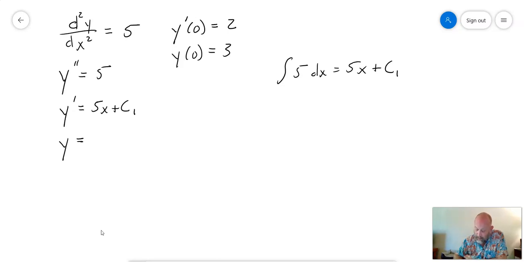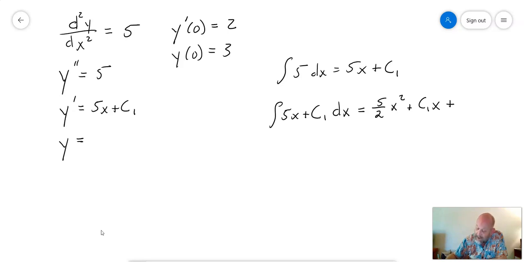Now, if I want y, I'm going to have to integrate 5x plus C1 dx. The integral of x is x squared over 2, so we're going to have 5 halves x squared. The integral of C1 dx is C1x.